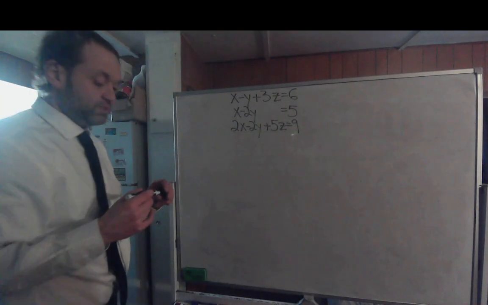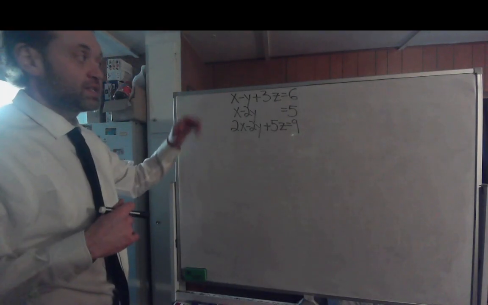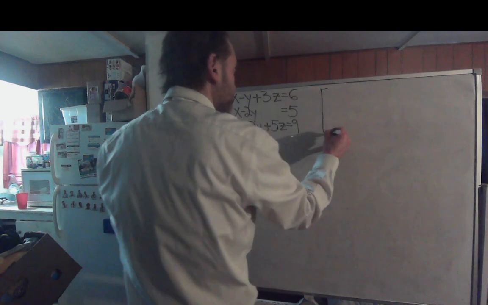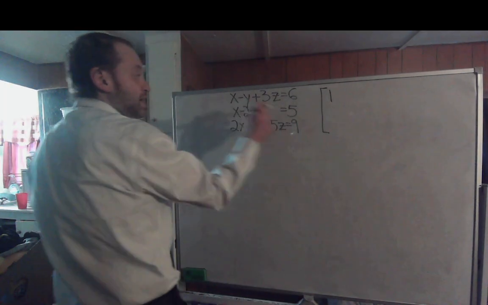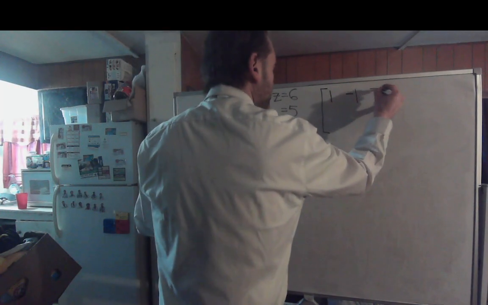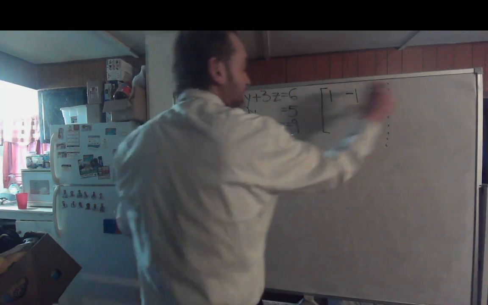So there's your new system of equations. Go ahead and set up your augmented matrix. 3 equations means 3 rows. First row, coefficient on x is 1, coefficient on y is actually negative 1, coefficient on z is 3, and then to the right of the augmented line, you'll put that 6 there.